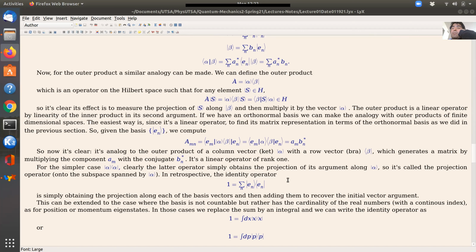Because let's say you project with any vector in the Hilbert space, for each one of the n, you take inner product, so you get the projection or the component, and then you expand in that direction, and then you add the sum. So you're adding over all possible directions. So again, the identity operator is simply obtaining the projection along each of the basis vectors and then adding them to recover the initial vector argument. That's why it's the identity, which we have proved already before that it behaves like that.